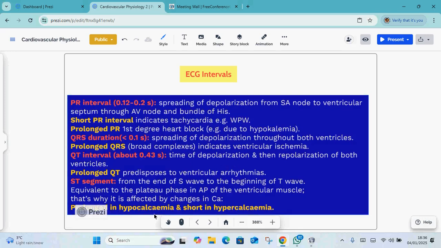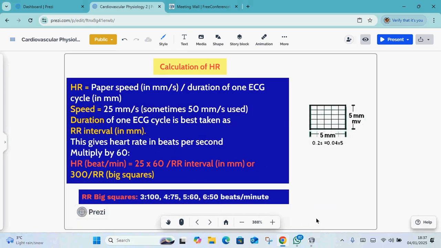ST segment can also be prolonged in hypocalcemia and short in hypercalcemia, because calcium influx is very important for the action potential of myocardial muscle. In fact, it is a cause for the plateau phase in the action potential of the myocardial muscle. Clear?